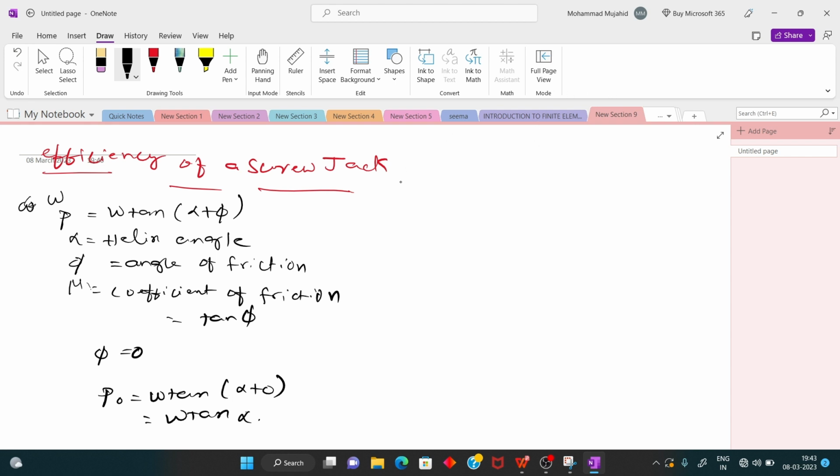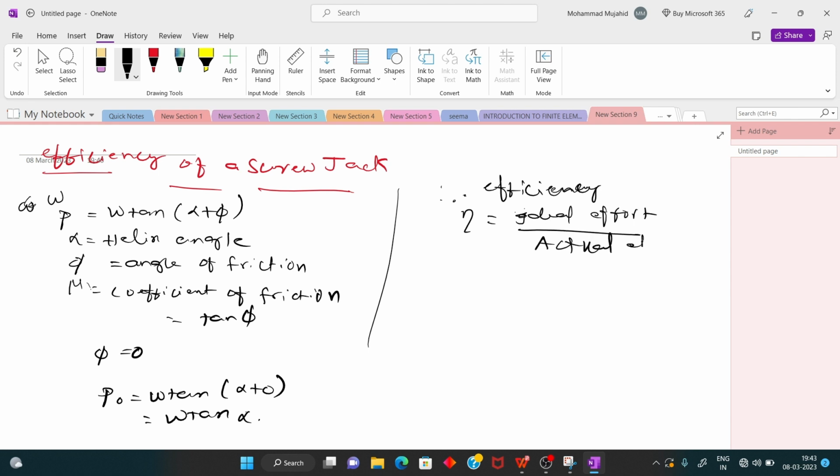Therefore, efficiency will be equal to ideal effort by actual effort.